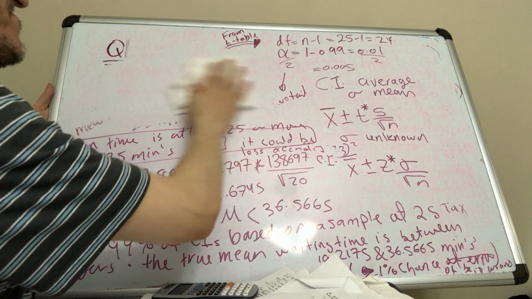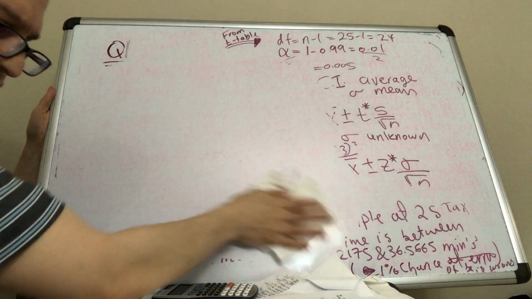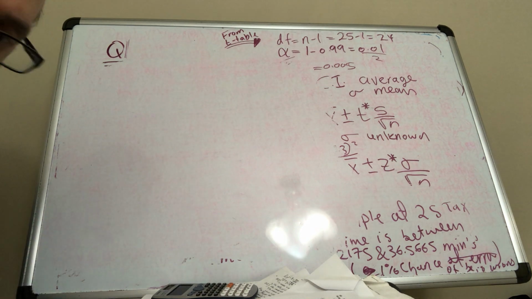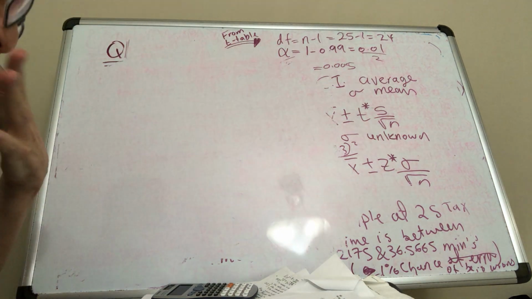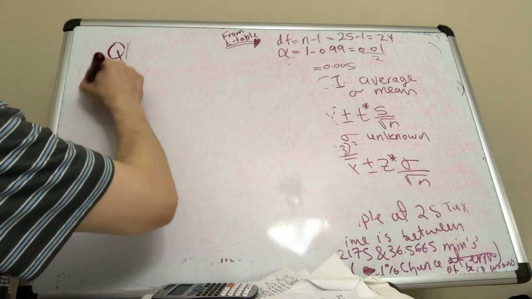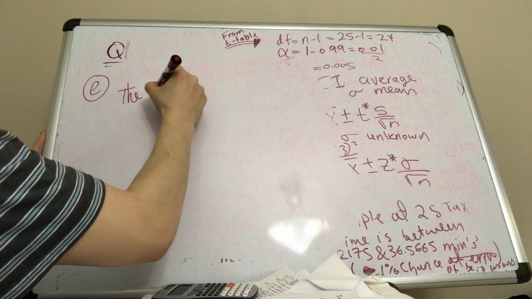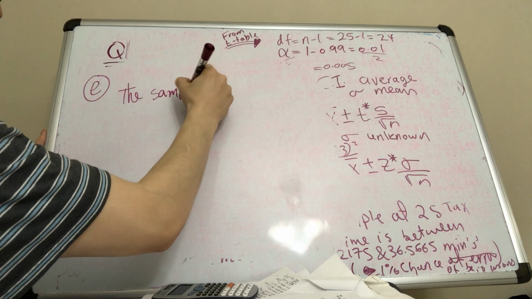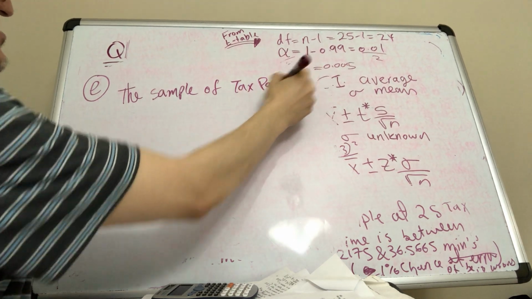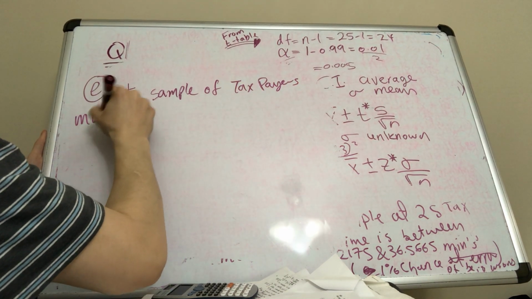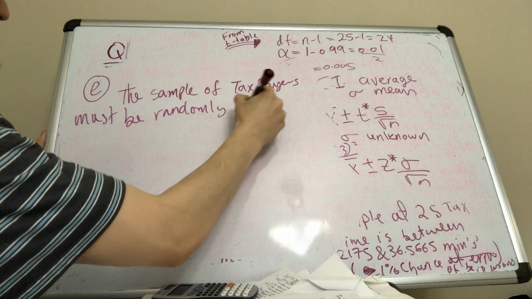Okay. What assumptions are needed to do part C? When you're asked for assumptions, you have to assume, or we prefer that you say, the sample of taxpayers must be randomly selected.